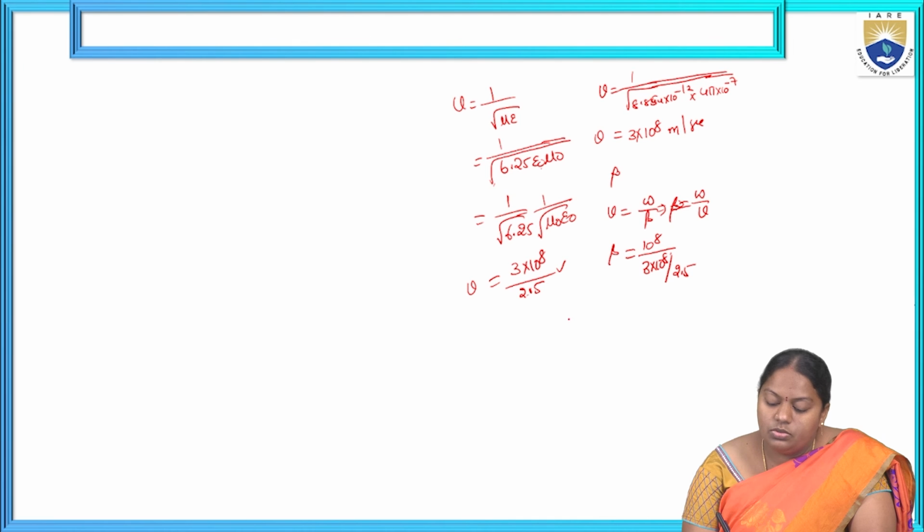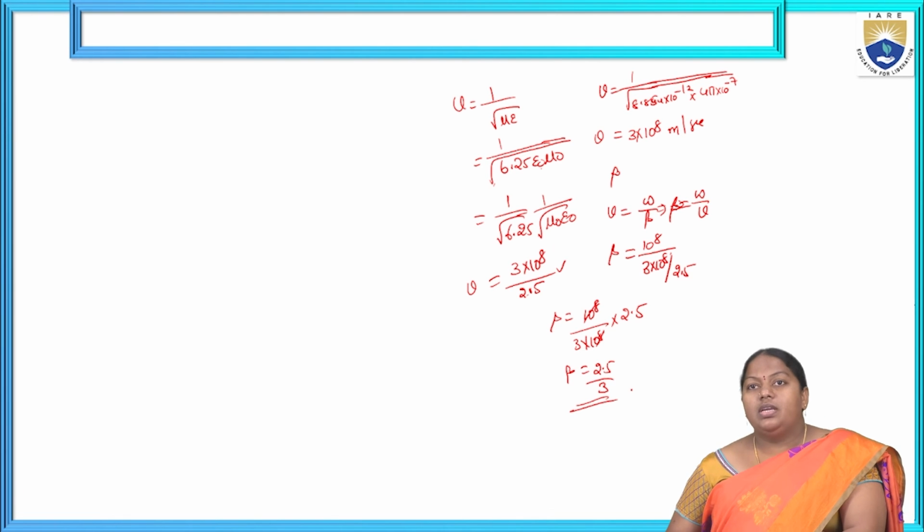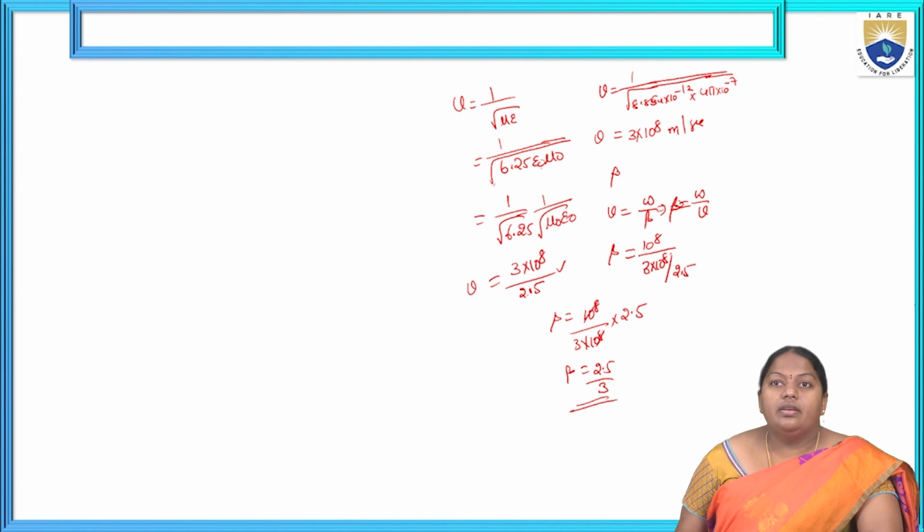So beta equal to 10 power 8 by 3 into 10 power 8 into 2.5. And this gets cancelled. Beta needs to be 2.5 by 3, and this is the approximate value to be obtained, right?